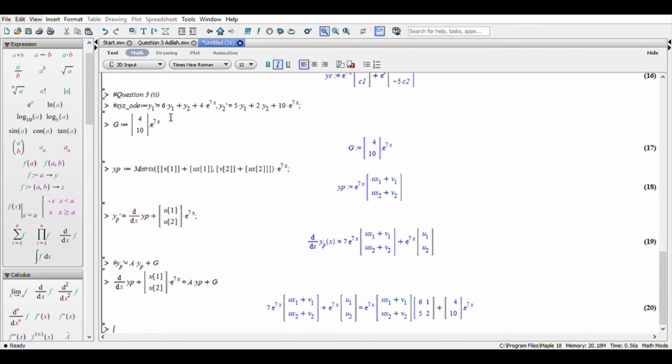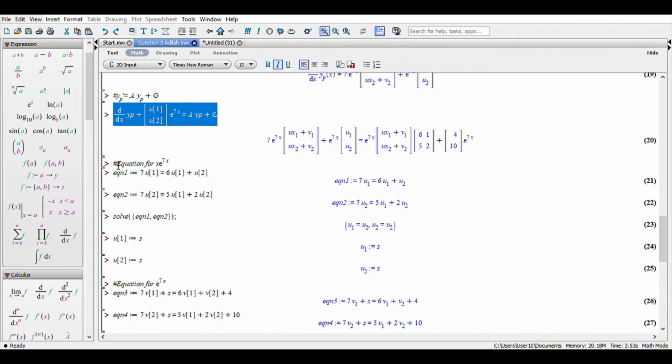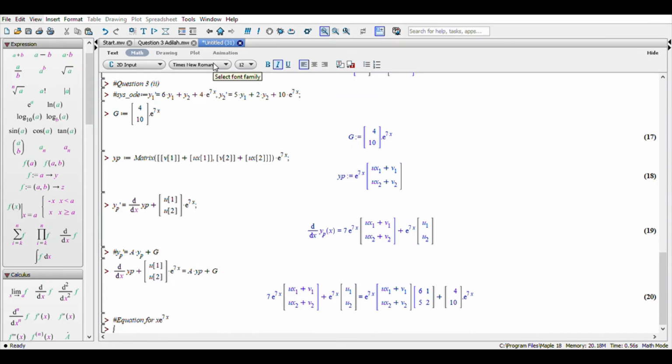And this is the form of it, and there are going to be two values, which is x multiplied with exponent 7x, and the other one is exponent 7x. Firstly, this is the equation for x multiplied with exponent 7x.